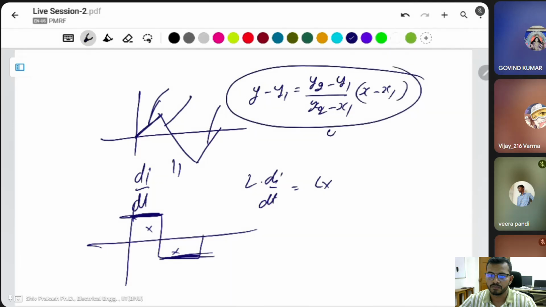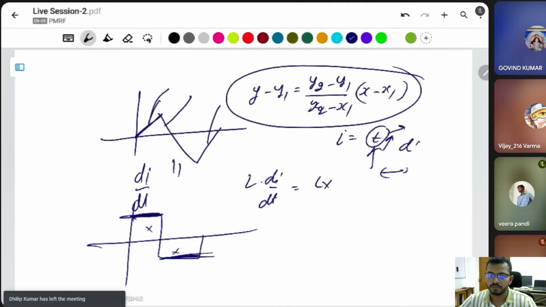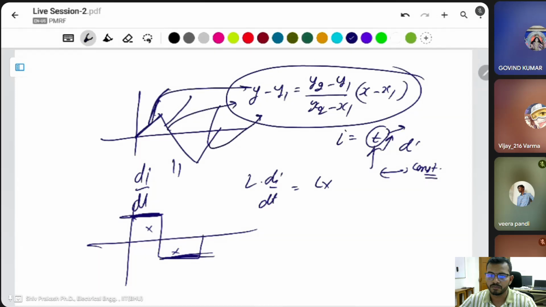Then you get the current in terms of time t, and a single t is there. If you differentiate this one, t will be cancelled out and you simply get a constant value. Apply this formula to each part, add all of them, and apply differentiation.